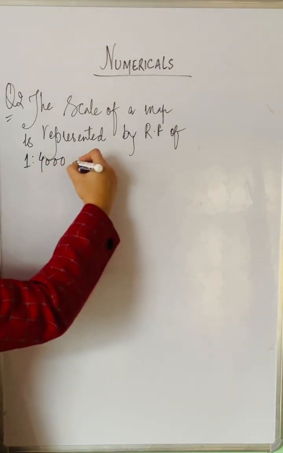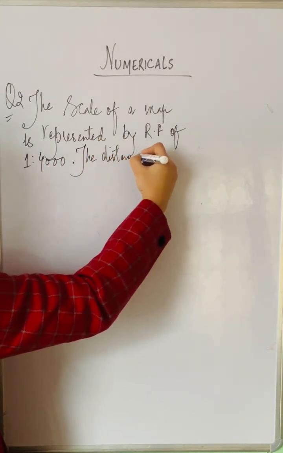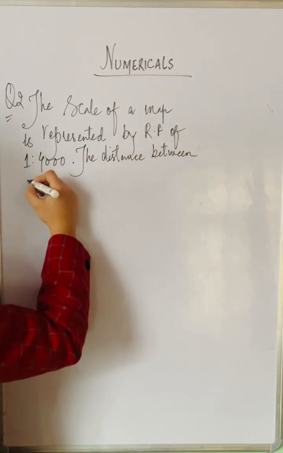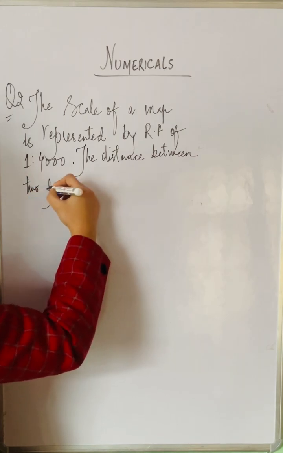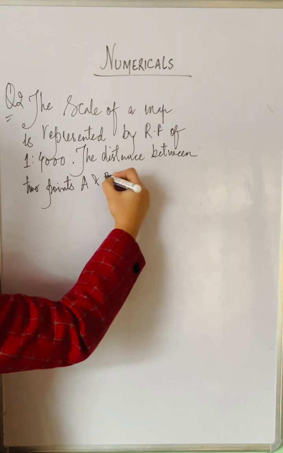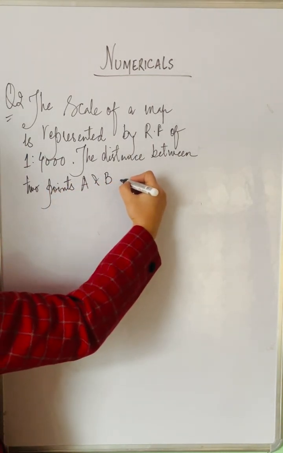The distance between 2 points A and B in the map is 10 centimeters.